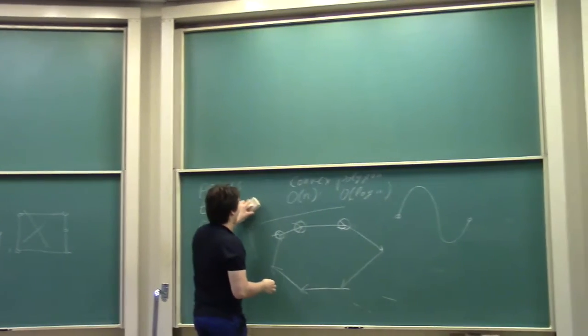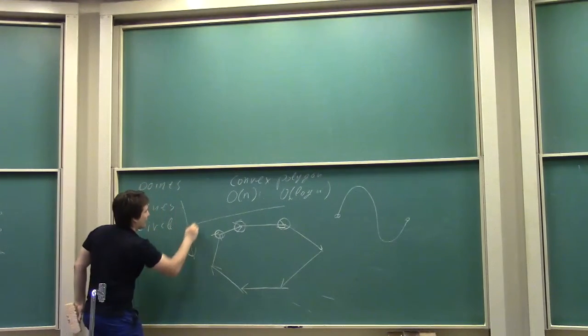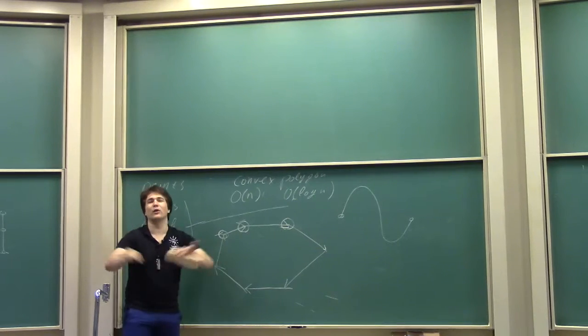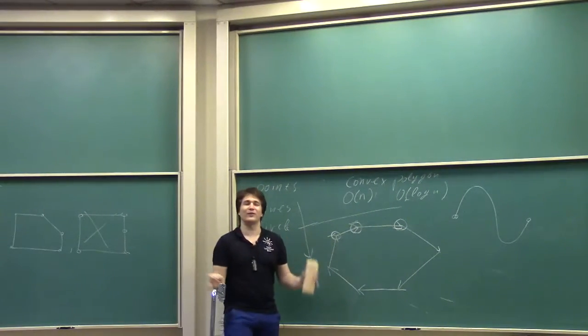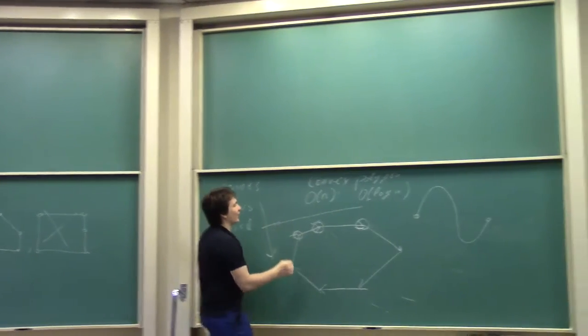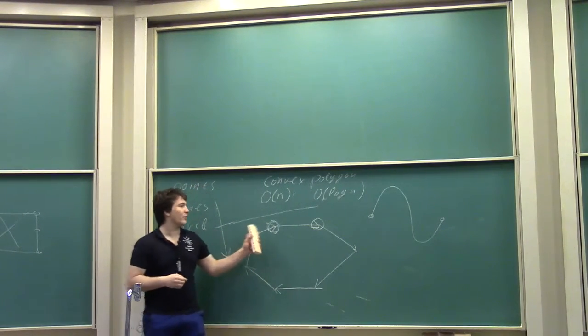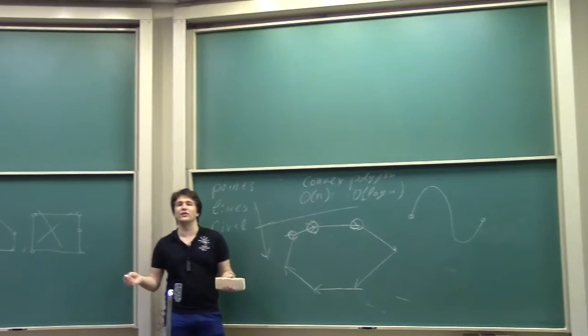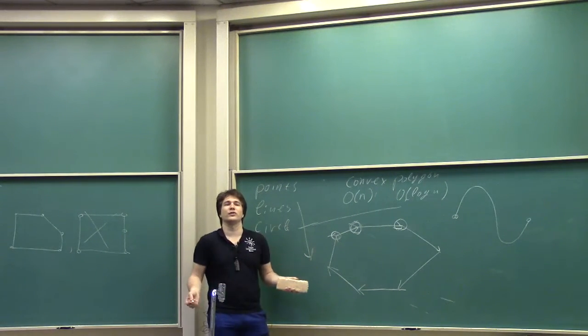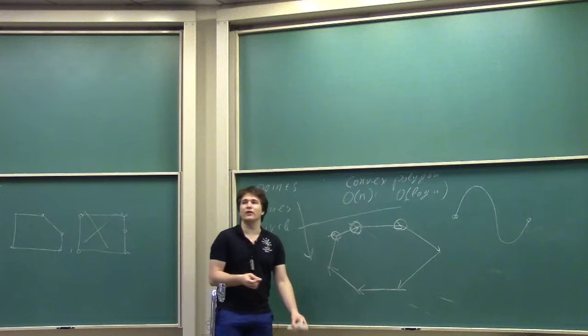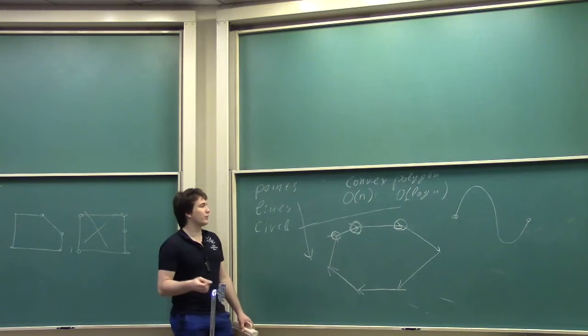Bad example. Okay, let's say these are the distances and I'm finding the closest point to the line, not the farthest. So I want to know, is it true that if my neighbors have bigger distance to the line, then I'm the closest point? That actually turns out to be true because the polygon is convex.